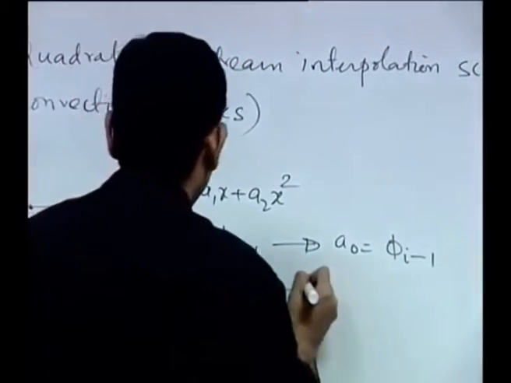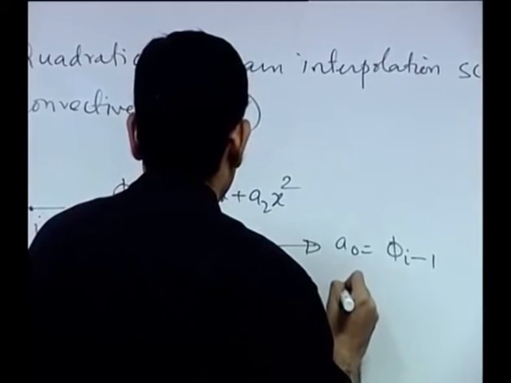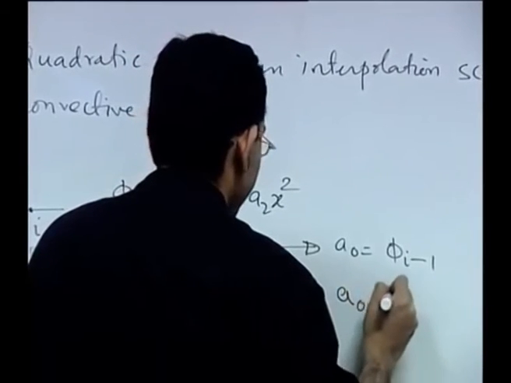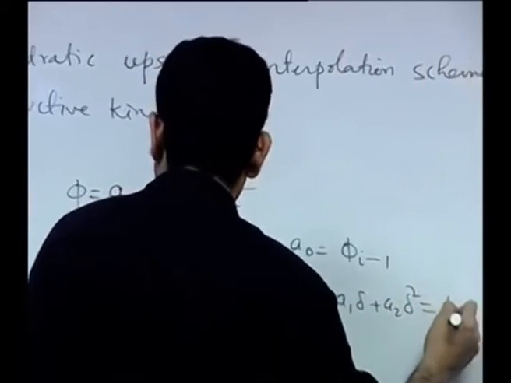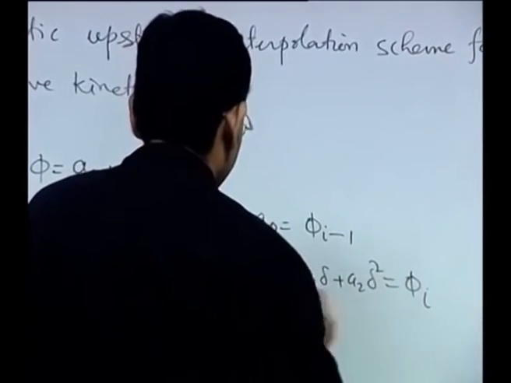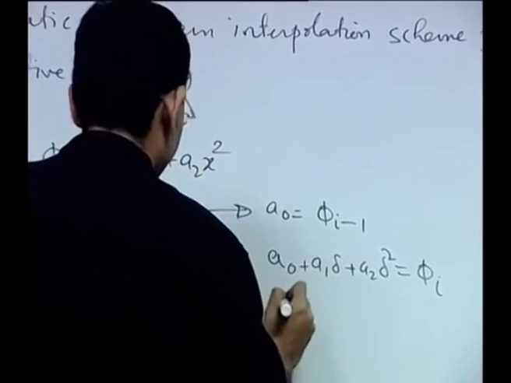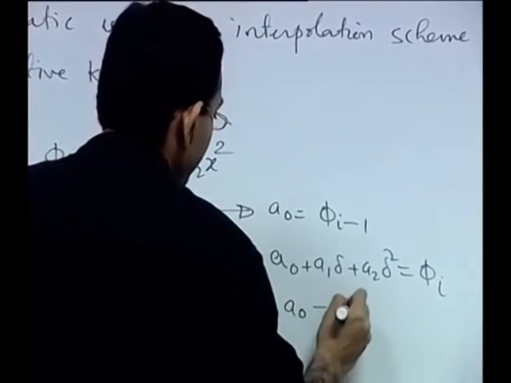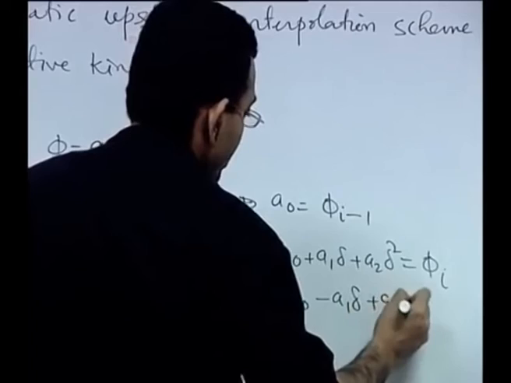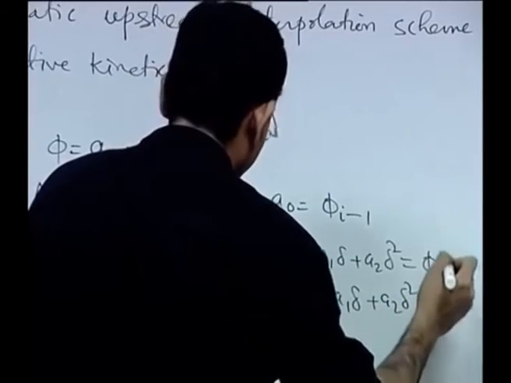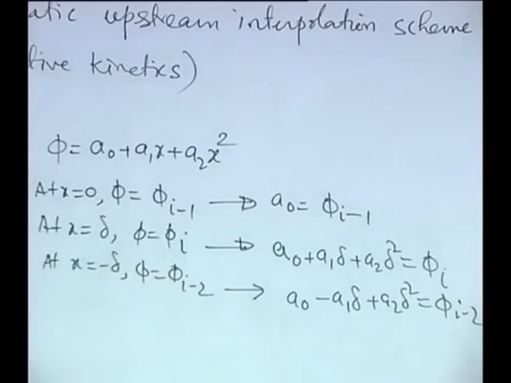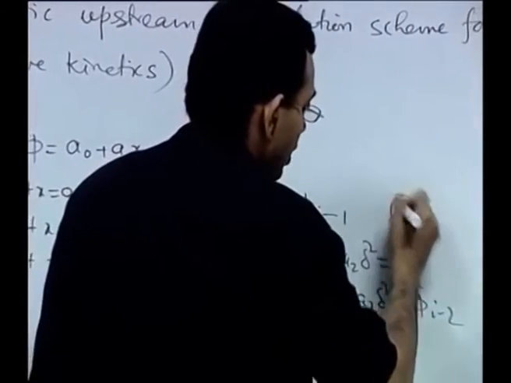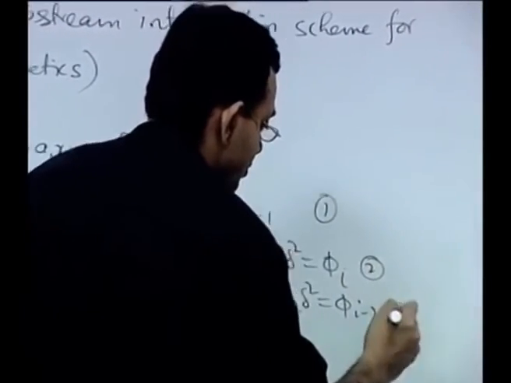Then from here we can write a0 plus a1 delta plus a2 delta square is equal to phi I. From here we can write a0 minus a1 delta plus a2 delta square is equal to phi I minus 2. Let us say this is 1, this is 2, this is 3.